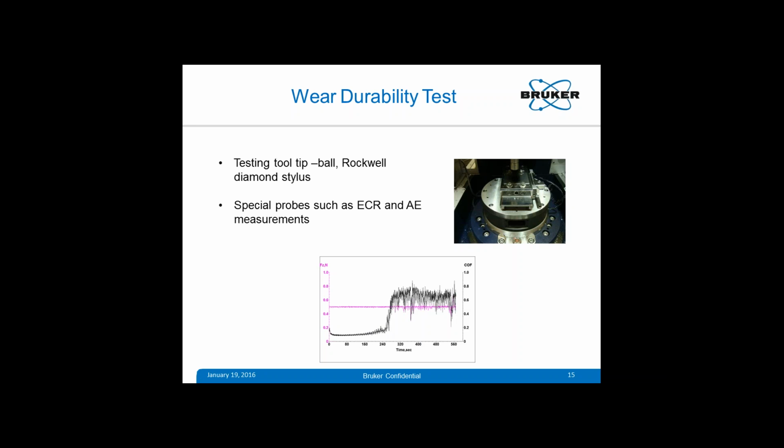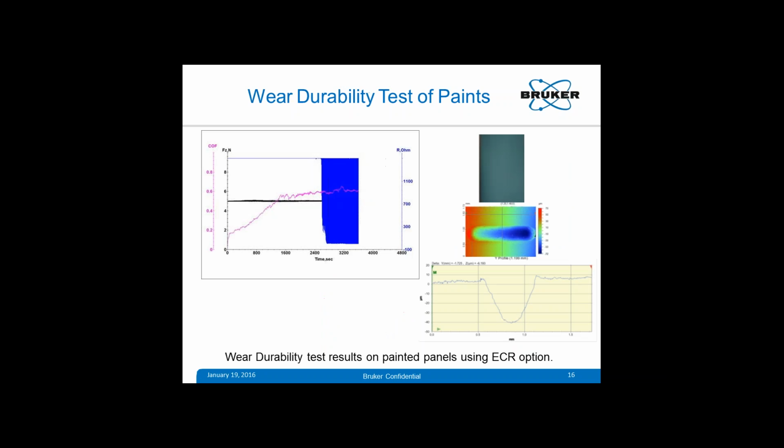Now this wear durability test can be used again to compare different coatings, how they will perform in actual service. Here is an example of another thick coating, which is about 40 micron thick, and here we monitored the ECR signal.